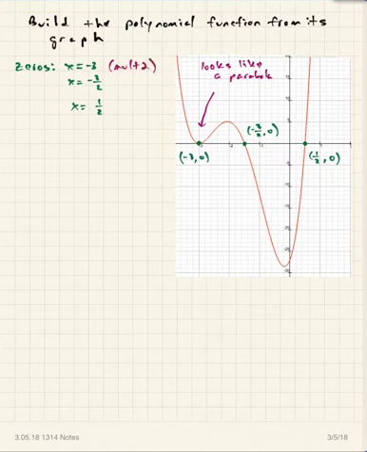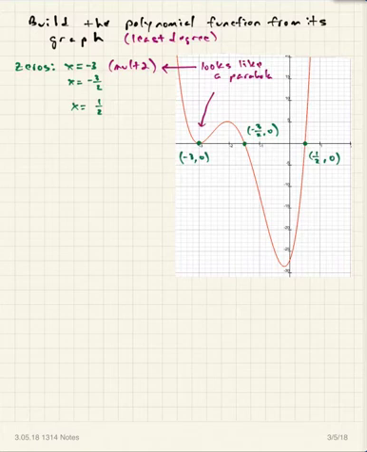Now conceivably it could be multiplicity 4 or 6, but what we do is we try to write these polynomials with least degree. So we always aim for the least degree possible. So because that one looks like a parabola at that 0, that means it is a 0 of multiplicity 2.